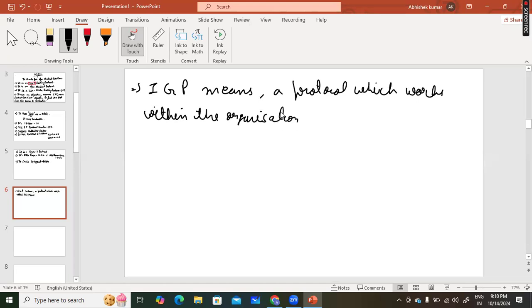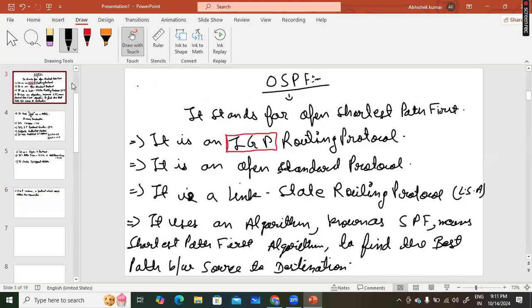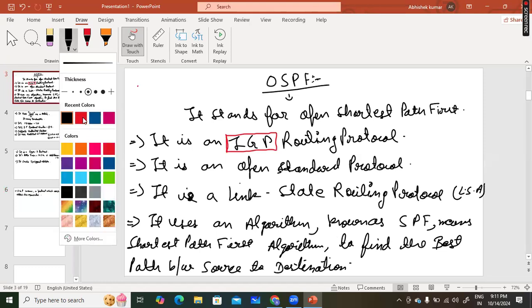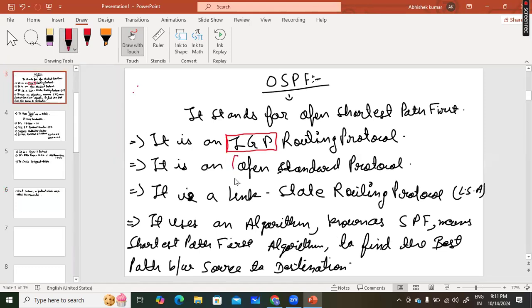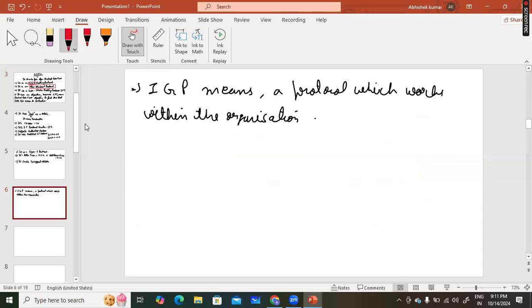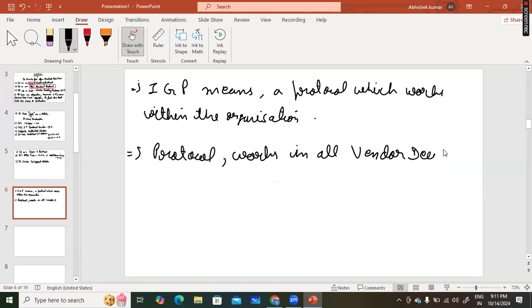Now next point. It is an open standard protocol. What does it mean? It works in all vendor devices, not company, okay?